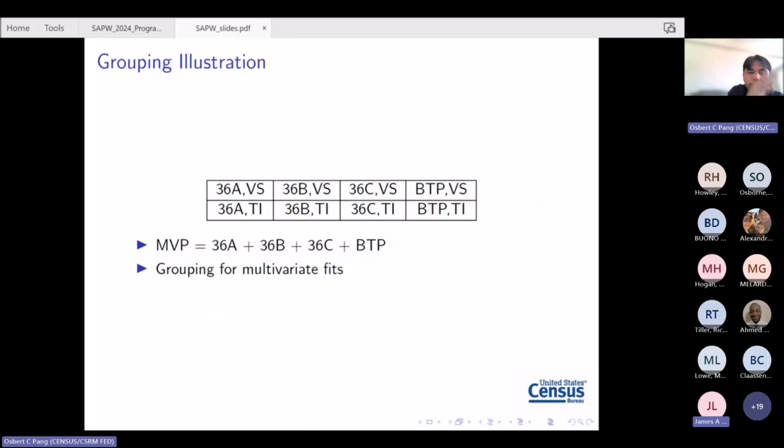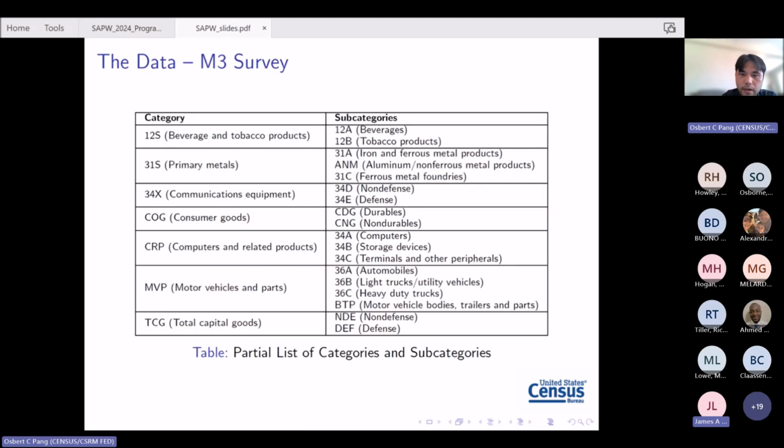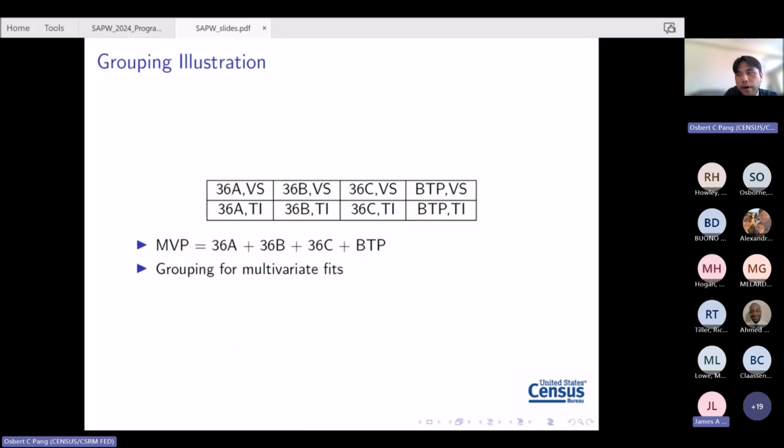So this is a quick illustration of what we mean by these two different grouping ideas. This is the motor vehicles and parts series, and we have here 36A, which I'll call automobiles. Yeah, automobiles. 36B are light trucks and utility vehicles. 36C are heavy trucks, and 36D are something like trailer parts, etc. But regardless, this is a natural aggregation relationship for motor vehicles and parts.